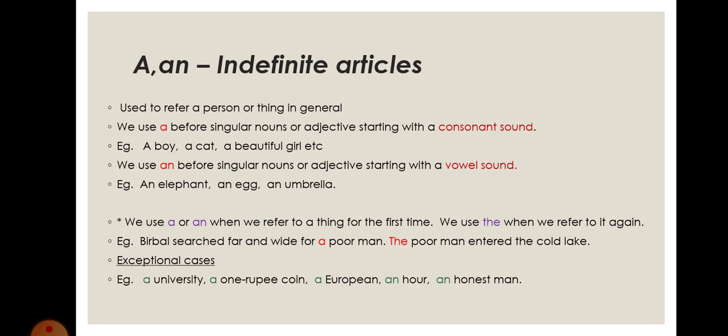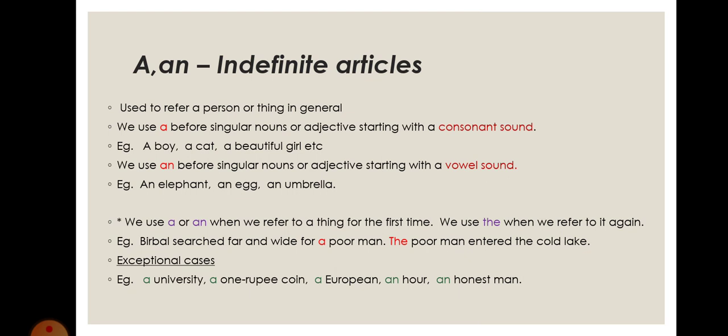So whenever we use the articles, first we have to check whether the word starts with a consonant sound or a vowel sound. Examples are given there: a boy, a cat, a beautiful girl, an elephant, an egg, an umbrella.